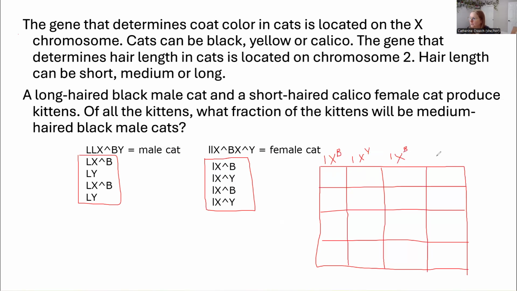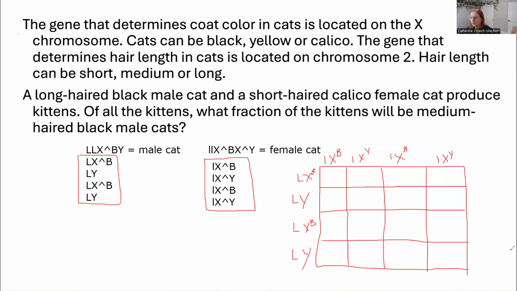These are the 4 types of gametes that your mom cat can produce. And on the other side, the 4 types of gametes that your dad cat can produce. Long fur, that is black, and long fur with the Y chromosome.